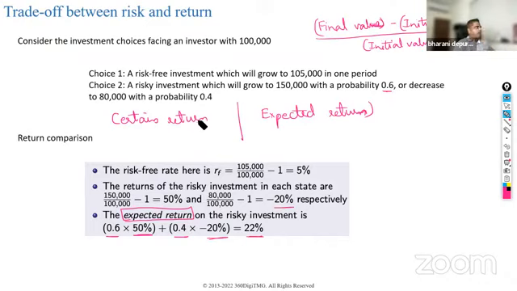Like when you invest in a government bond, the government might tell you that on average you get 8% return on investment. If you invest in PPF, Public Provident Fund, etc., the government might say on average you'll get 8%. When they say that, it's a certain return because it's promised by the government.